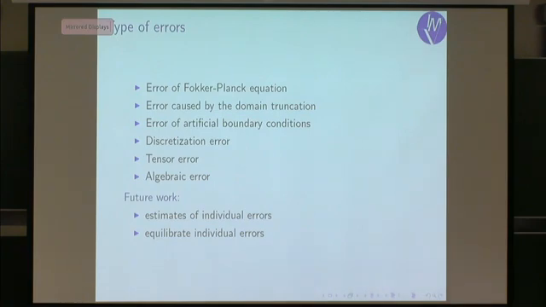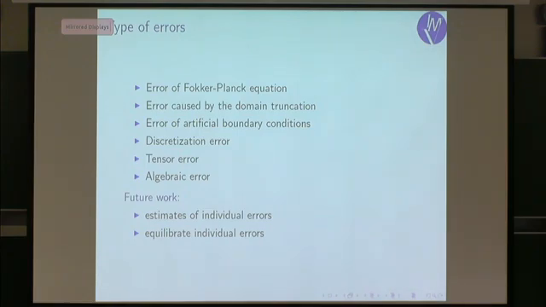By the way, in numerical analysis we have quite good a posteriori estimates of this one. But then I approximated my long vectors by that tensor structure, which is again an approximation. There's another error that we call tensor error. And then I have to solve the linear algebraic system, which I cannot do exactly, so there is the algebraic error.